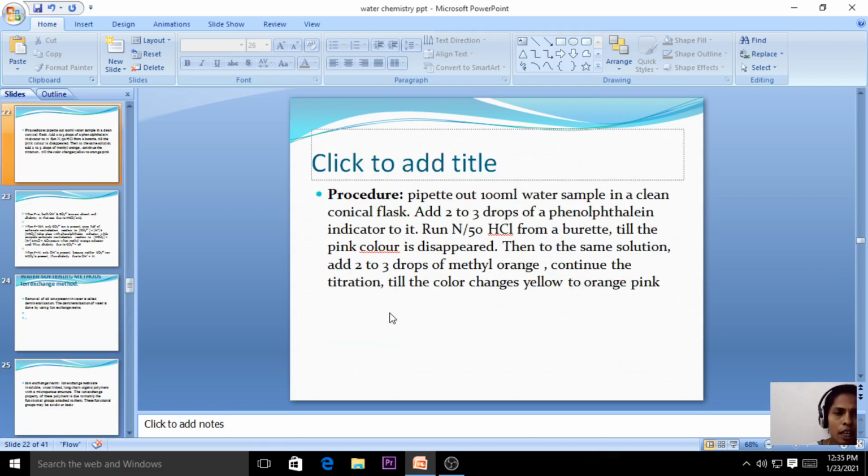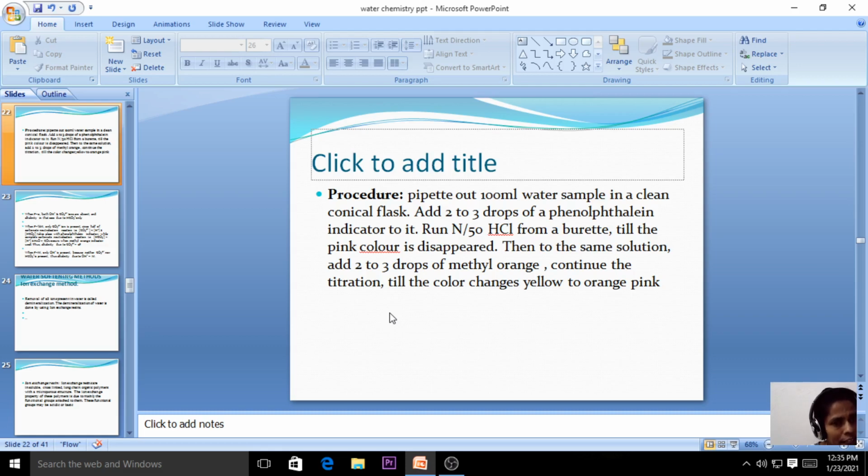So now let us see the experimental procedure. What are we doing to find the alkalinity of the water sample? What do you understand till now? The alkalinity is determined by titrating with the acid. That means our water sample is titrated with the acid. Where are we taking the acid?